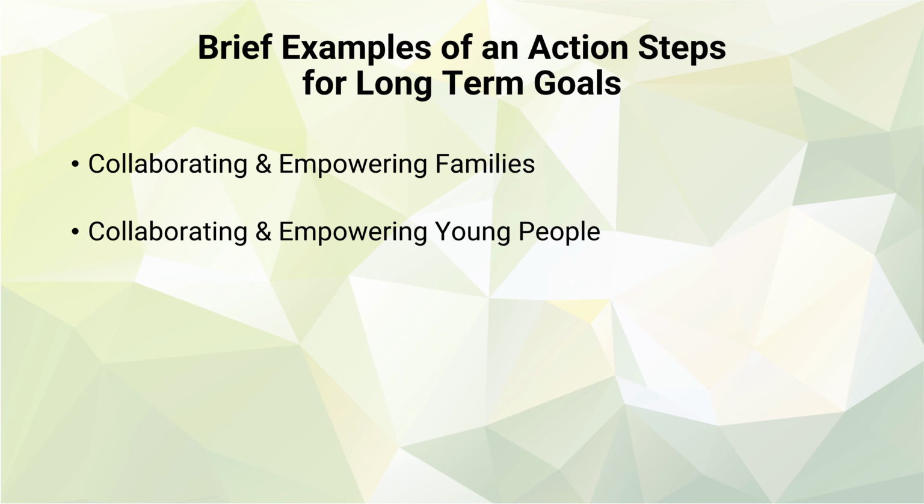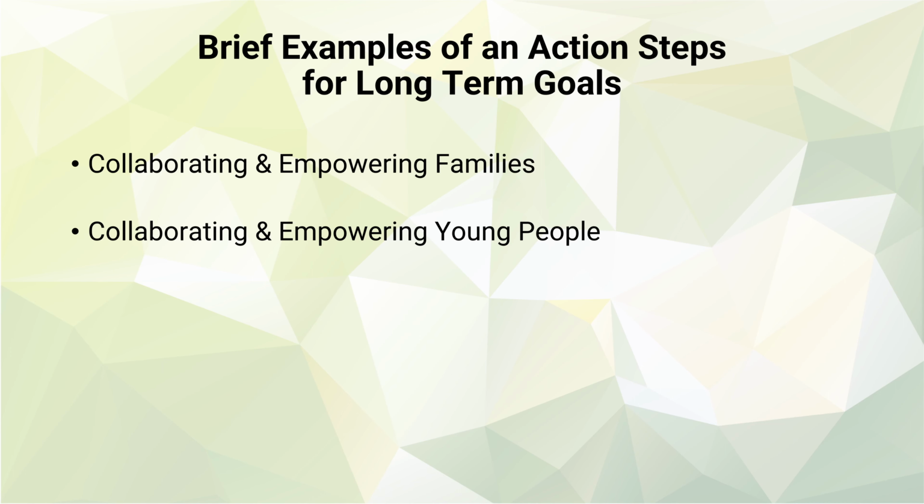You may be working on action steps for collaborating and empowering with young people to reach their goals, like we were just mentioning. So whatever those action steps are, you're going to want to make sure that you're still thinking about it in terms of first we'll do, then we'll do, next we'll do, or step 1, step 2, step 3. So just as an example, let's say we wanted to create a youth leadership network in our community. We would have to figure out each of those steps and really break it down from the very beginning.